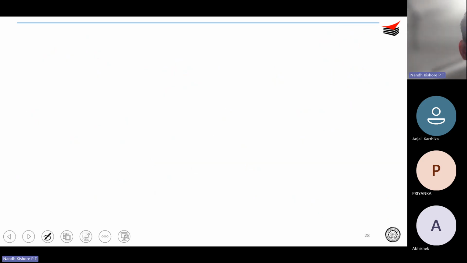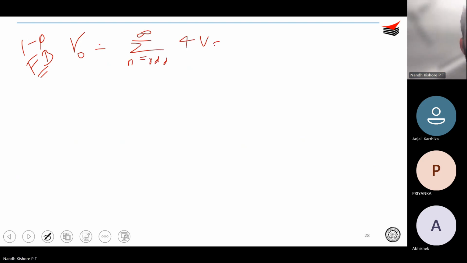Okay, fine. So then we will go ahead with single phase full bridge. For single phase full bridge, the V naught Fourier series expression will be sigma n equal to odd to infinity 4 Vs by n pi sine n omega t.